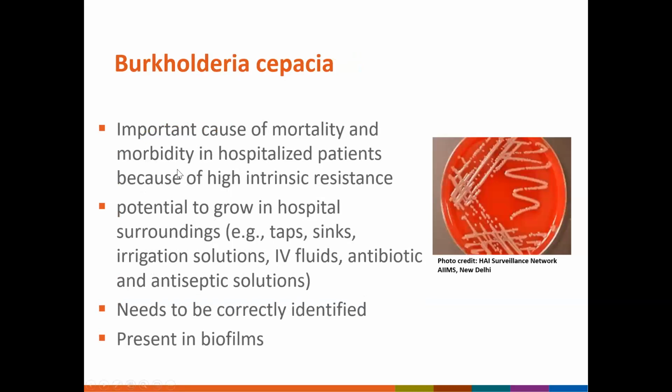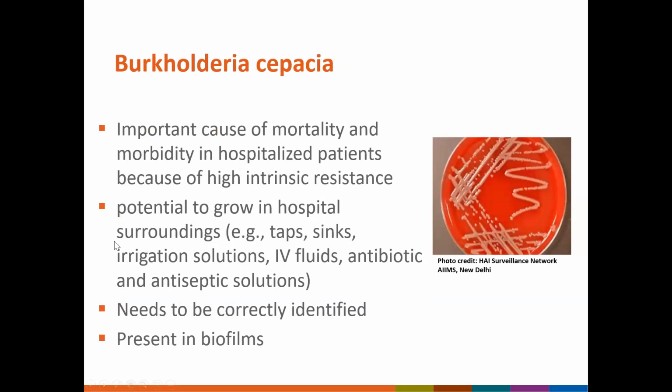Coming to Burkholderia cepacia, we have already discussed that it's an important cause of mortality and morbidity in hospitalized patients because of high intrinsic resistance. By the time you find out the pathogen and start treating a bloodstream infection, they could have progressed very badly with the disease, like sepsis with Burkholderia cepacia, and that is even worse in patients having some lung disease.